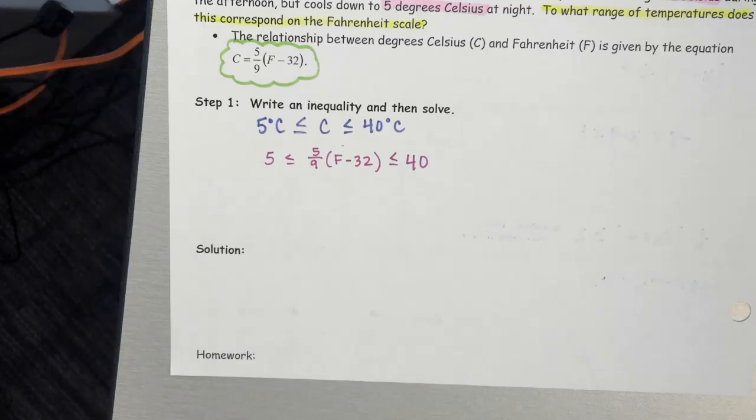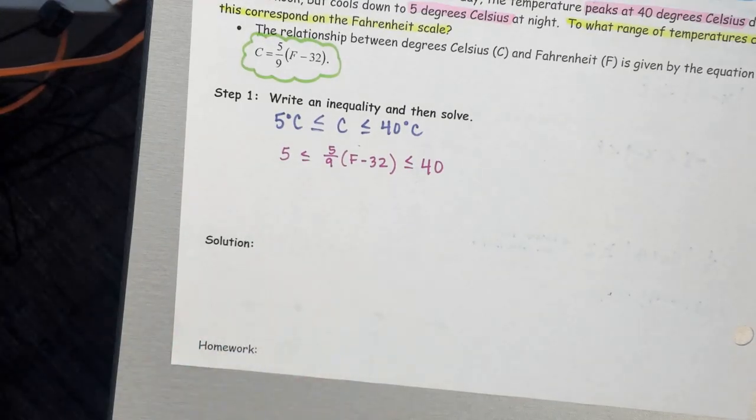Okay, so what's one way that you could do this, that you could simplify? So we're trying to solve for F. So what's one thing we could do here? Yeah, distribute, or are you going to say distribute too? Yeah, okay, so you can distribute or divide by.